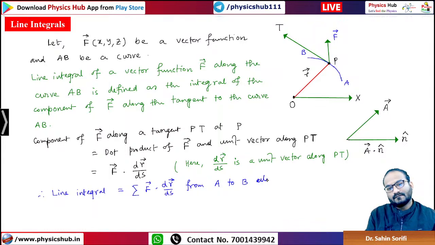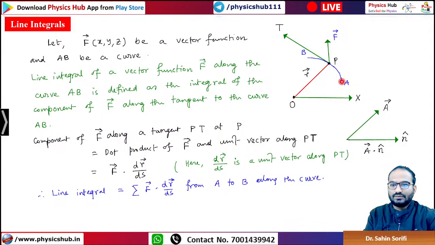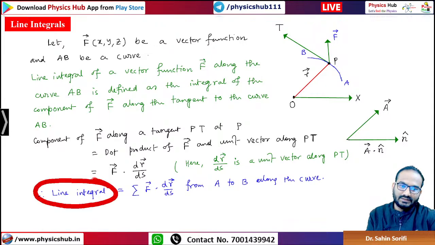Obviously if you consider different paths, let's say if you do not reach the point B along this path, if you choose another path like this or another path, then obviously the line integral will change.